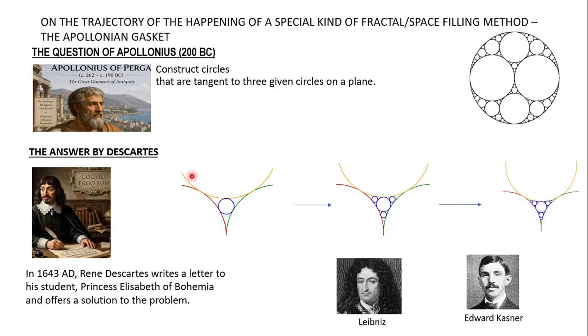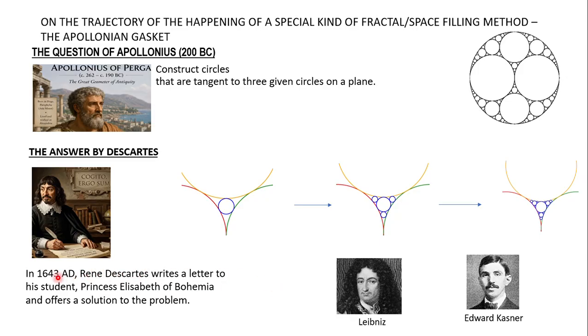So Rene Descartes was the first, sorry about that. Rene Descartes, I always get excited when I speak about Descartes. Descartes had correspondence with the Princess Elizabeth of Bohemia, and Bohemia is present day Czech Republic most likely, and he offered a solution in his letter in 1643.